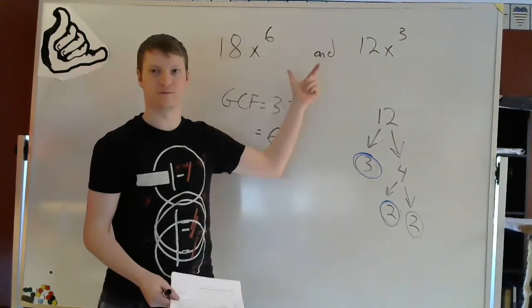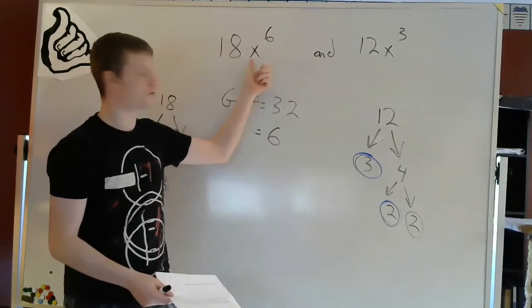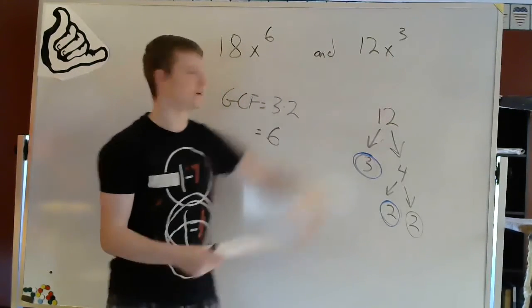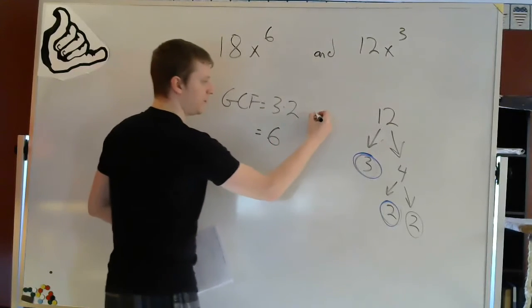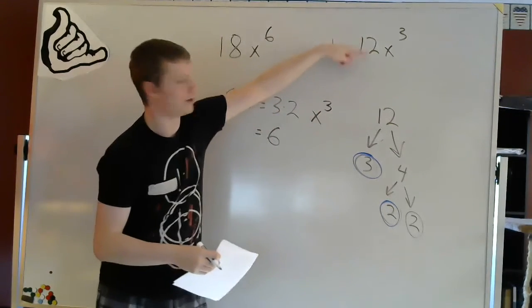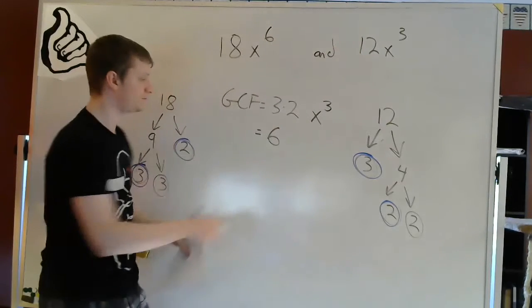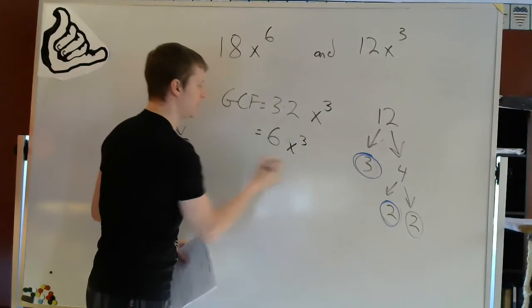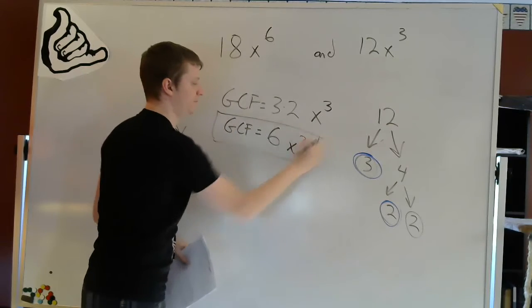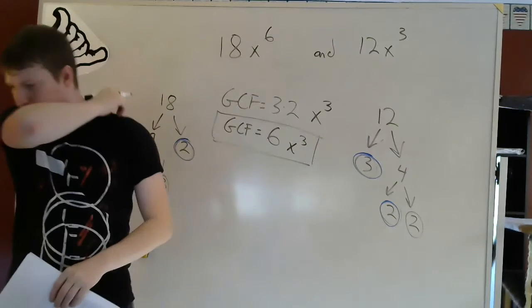There are 6 total here, so there's at least 3 of them here, and there's 3 of them here. So for the variable part of our GCF, we want to use the lowest exponent on our variable, which means overall our GCF here ends up being 6x cubed.